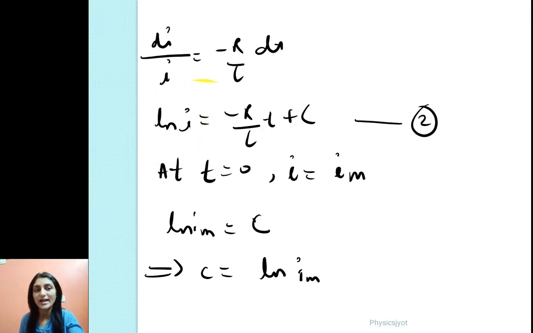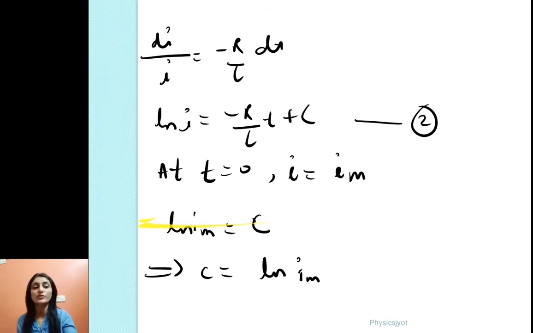Integrating, log I equals minus R upon L into t plus a constant of integration. Again, for finding the value of the constant of integration, we will have to substitute initial conditions. So initially at t equals 0, we have I equals Im. Remember this boundary condition or initial condition, because during growth at t equals 0, we have current equal to 0, but during decay the steady state is reached, and after that we are switching off.